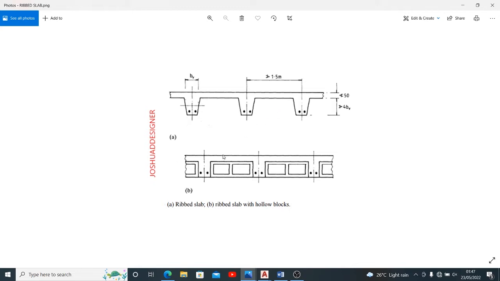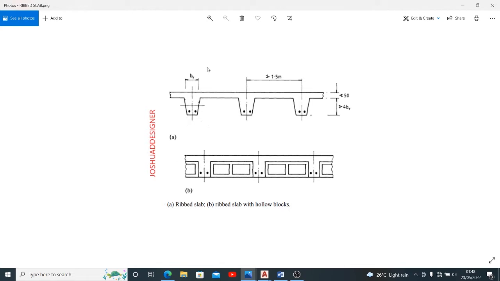And the other, which is B, is rib slab with hollow blocks, and in some other cases it could be with solid blocks, right? These two are the methods of construction as explained in clause 3.6 of BS 8110 1997.1, right?